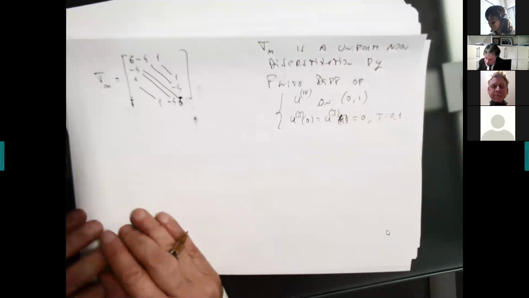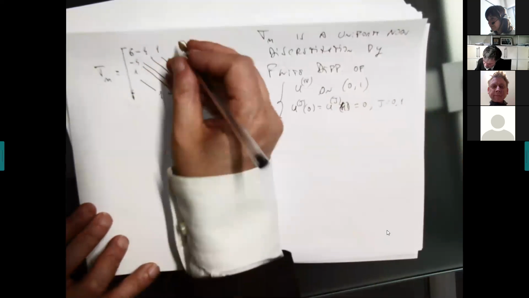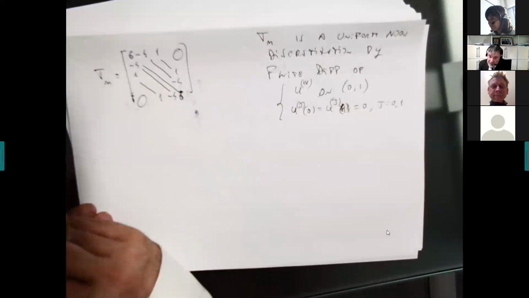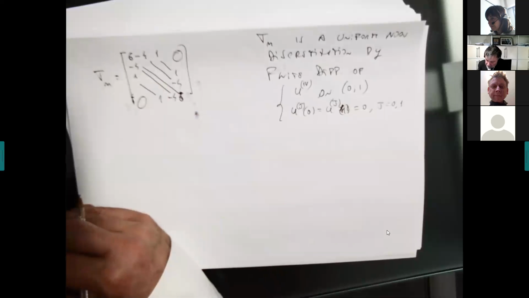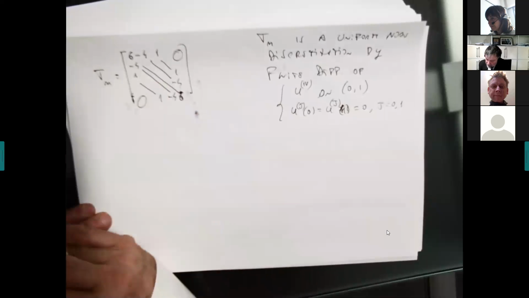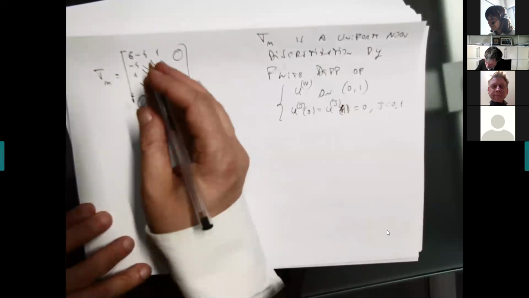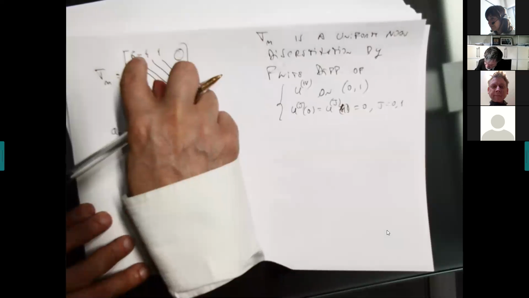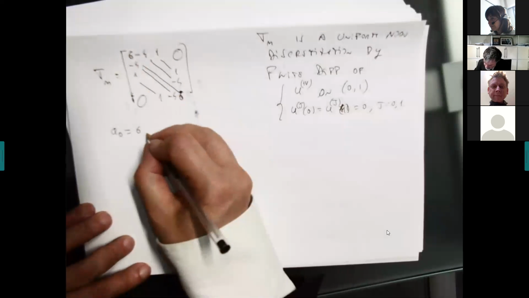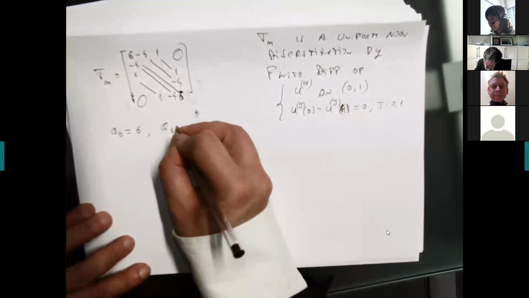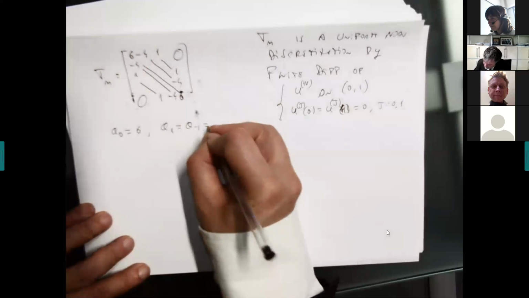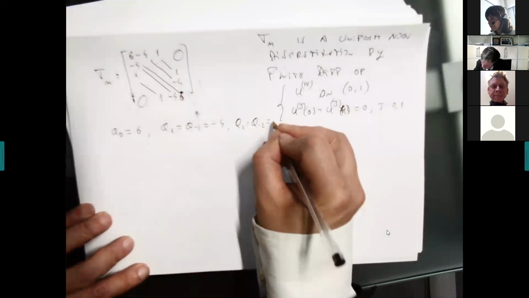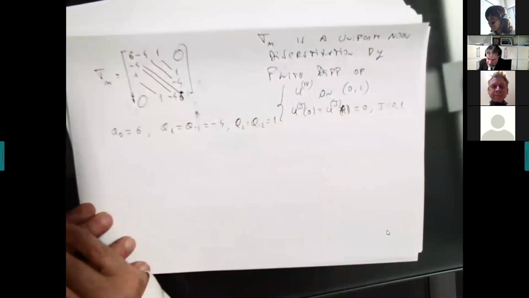You obtain this object. Now let's go to analyze this. If you use the Gershgorin circle theorem, you do not obtain anything about positive definiteness of this matrix. But this is a matrix where A0, the one on the diagonal, is equal to 6, A1 equal to A minus 1 is equal to minus 4, A2 equal to A minus 2 is equal to 1, and all the rest is 0.